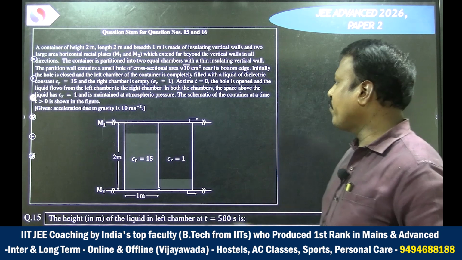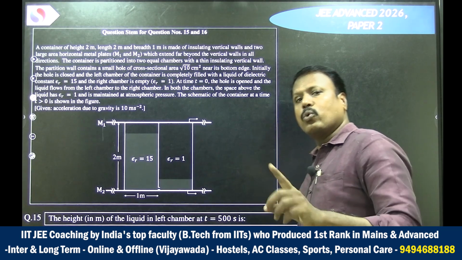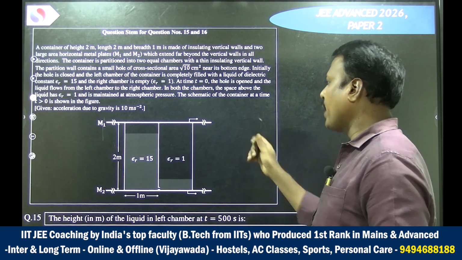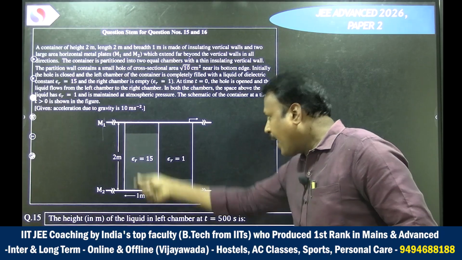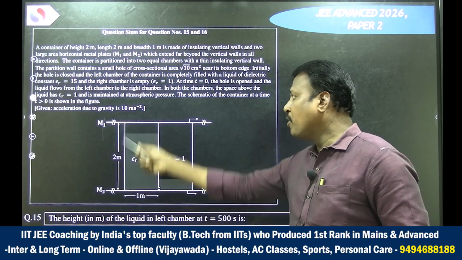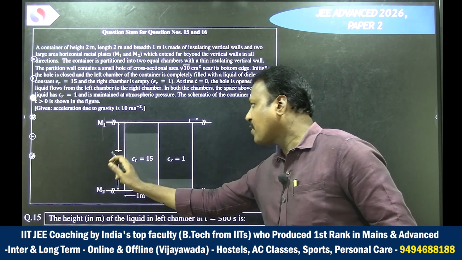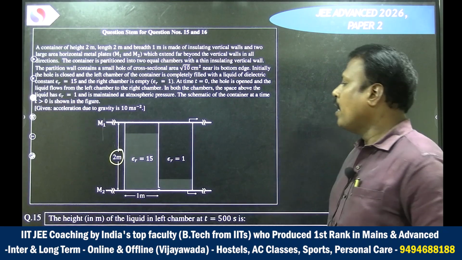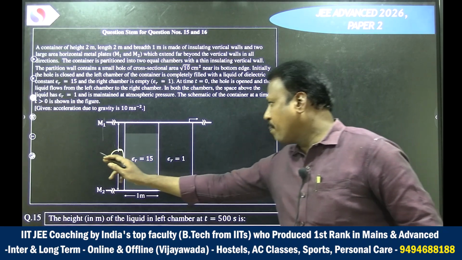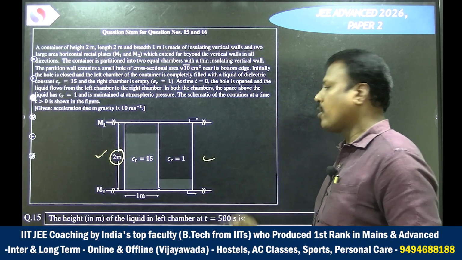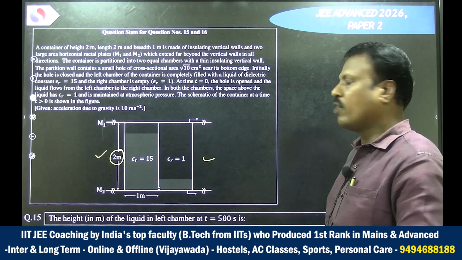In this question number 15, M1 and M2 are 2 large plates. The height or the space between these 2 plates is given as 2 meter, and the extreme left and extreme right are empty, that means nothing was filled.